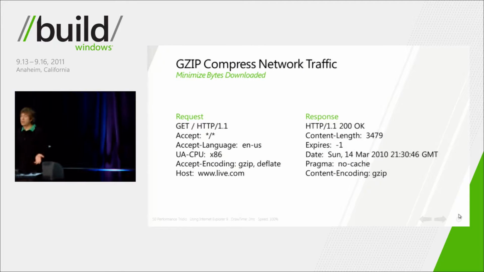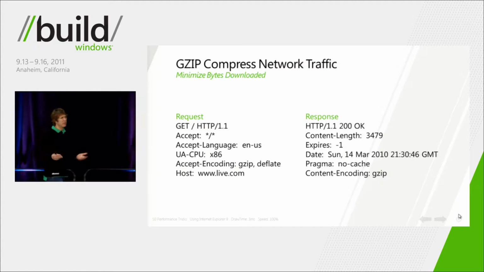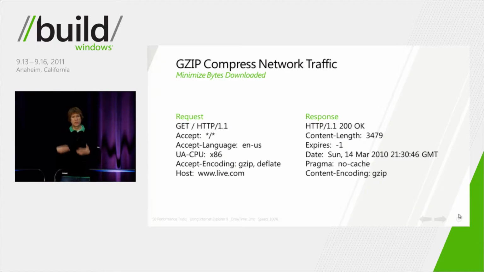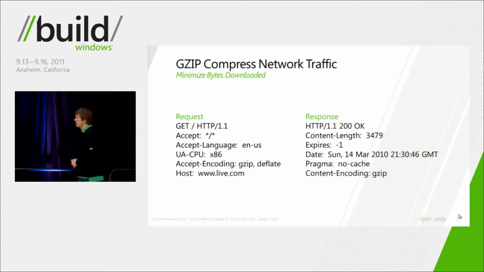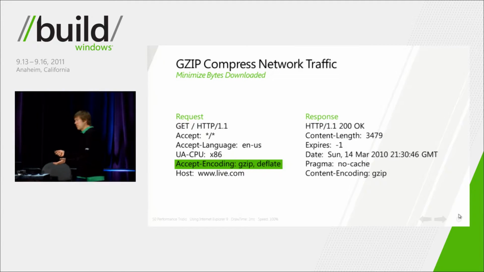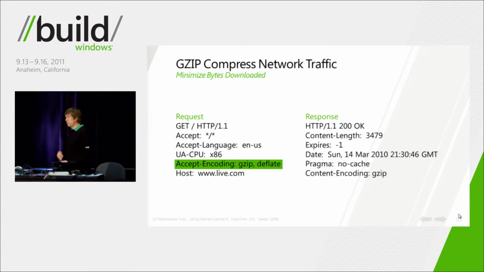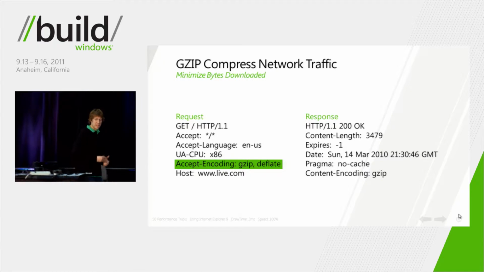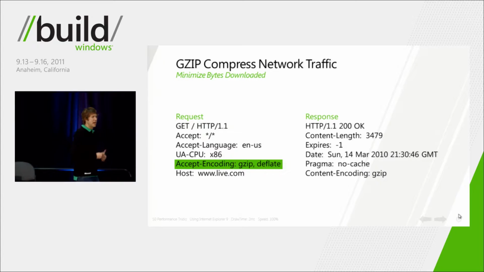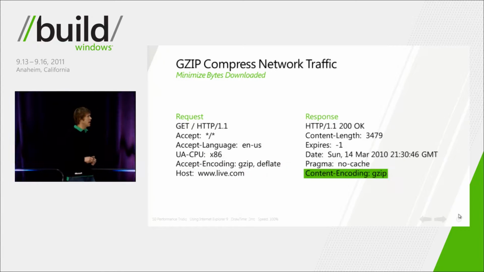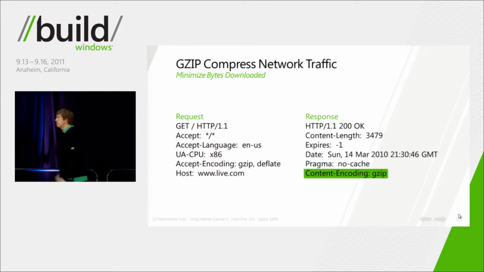And the best way to download fewer bytes is to gzip your content. Today, a lot of us get this for free because of the servers that we're using and the browsers that our customers are accessing from. But just as a refresher, the way that gzip works is when the request is made, it sends to the server, as part of the header, that I support gzip, I support this encoding. And the server can automatically send back an encoded, smaller version of that content.